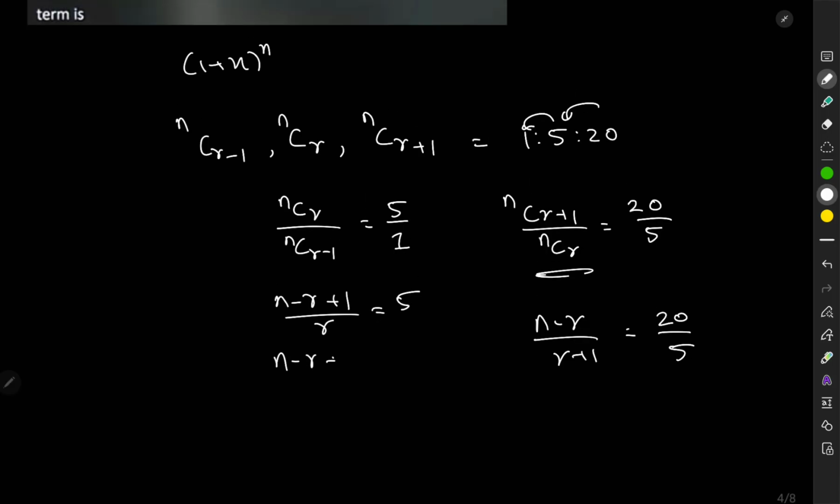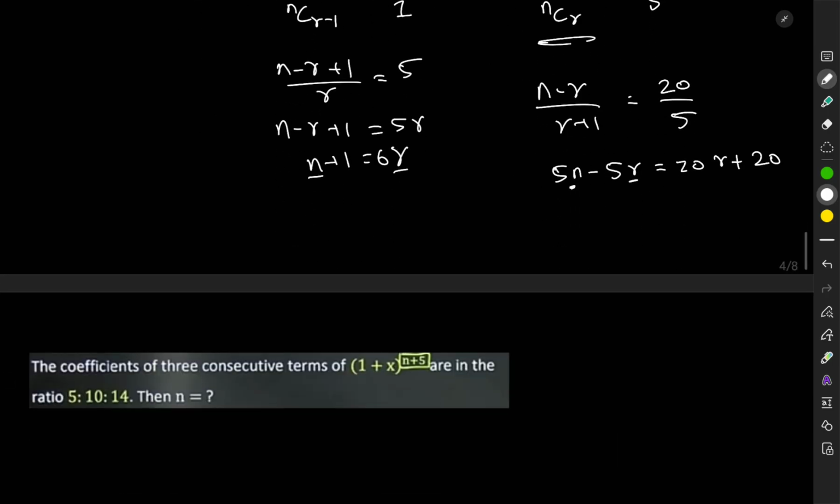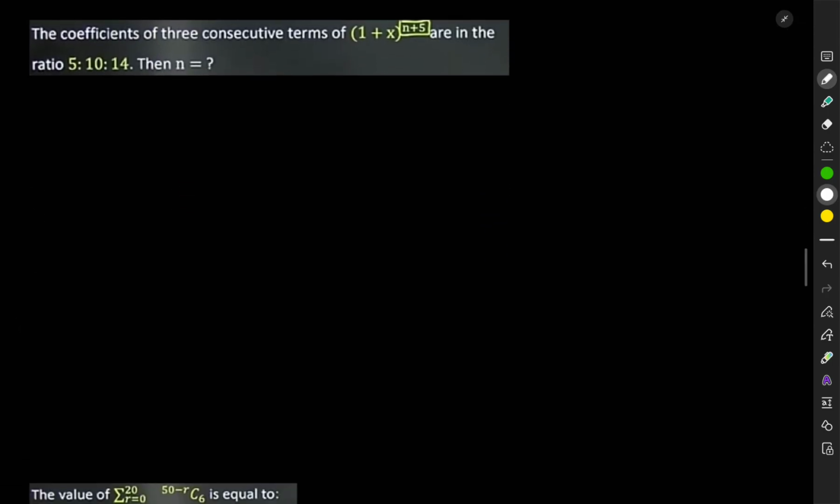So n minus r plus 1 is equal to 5r, so n plus 1 is equal to 6r. Here 5n minus 5r is equal to 20r plus 20. Fine. Two variables and 2 equations, so you can solve this. Let's not waste more time on that.